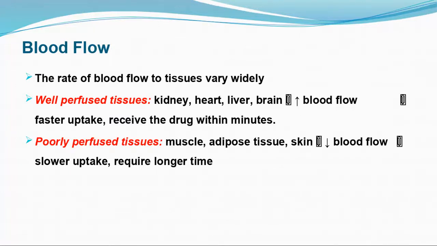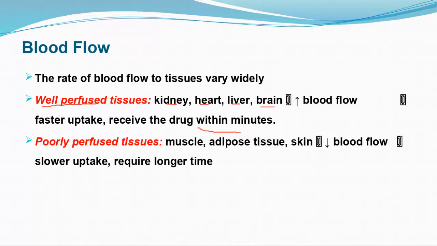For example, well perfused tissues with high blood flow, like the kidney, the heart, the liver, the brain, have high blood flow, and therefore they uptake the drugs more rapidly and can receive the drug within minutes. So the action, if these are the organs of desired action, will start rapidly.